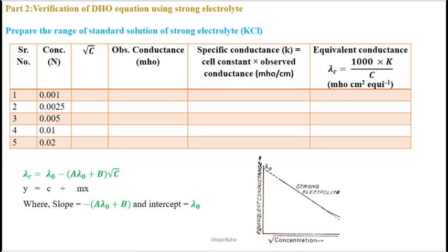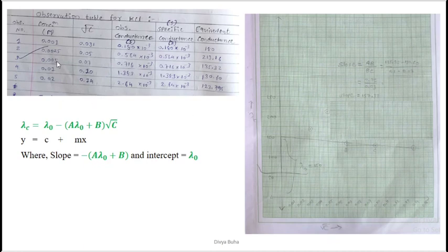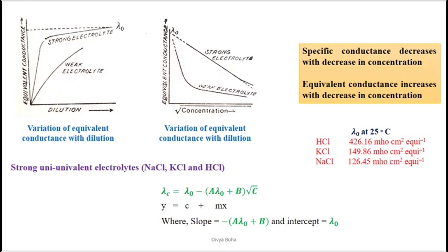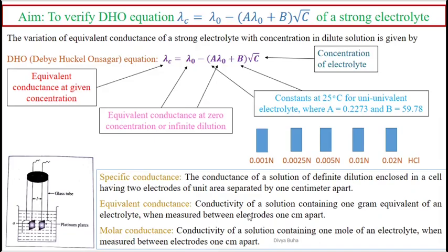The next is that with the change in concentration, equivalent conductance would change, and with dilution, the equivalent conductance increases. In this way, we have proved that the DHO equation is satisfied, or that the Debye-Huckel-Onsager limiting law is valid for strong uni-univalent electrolyte. Okay, thank you.